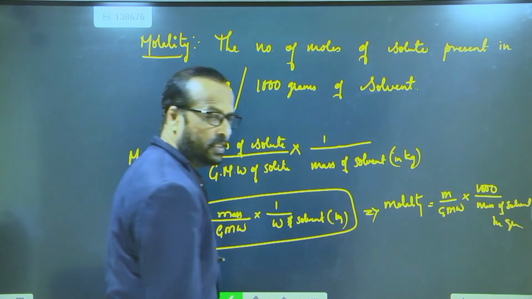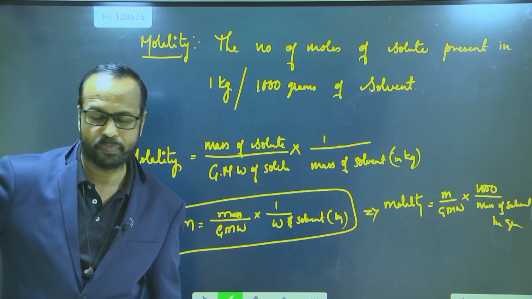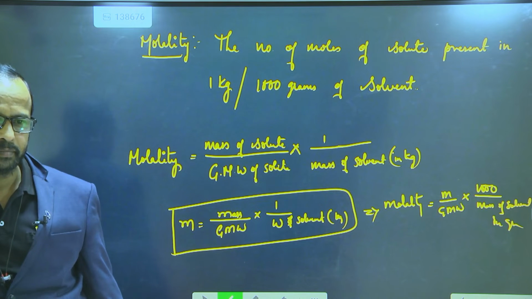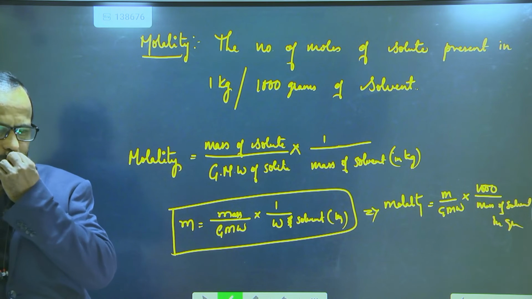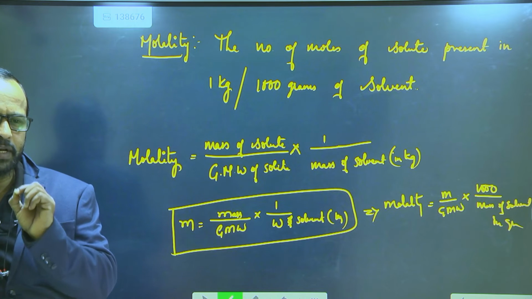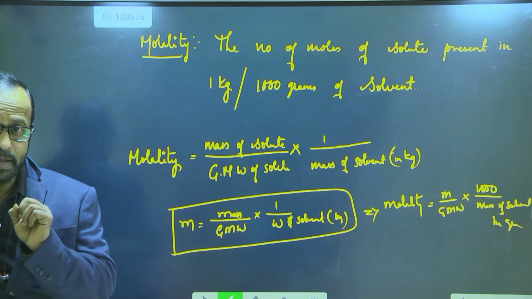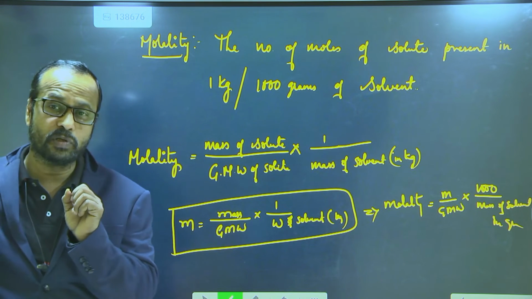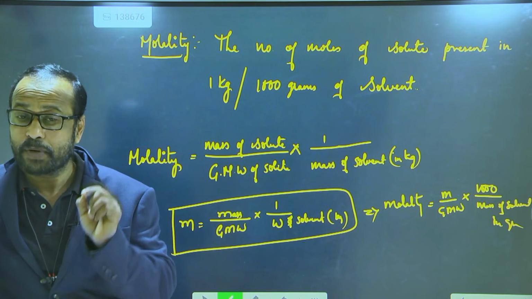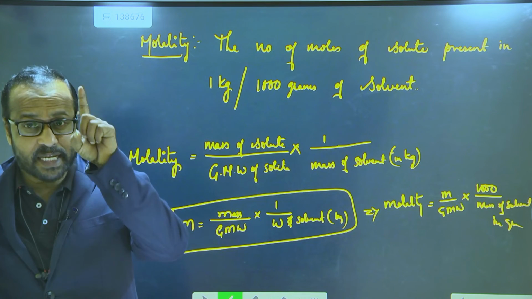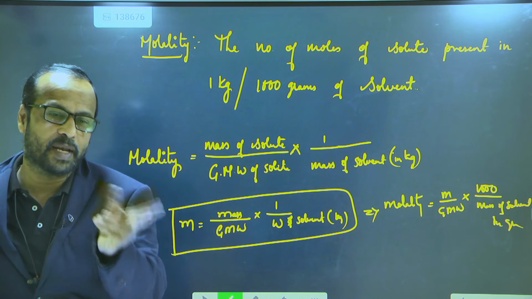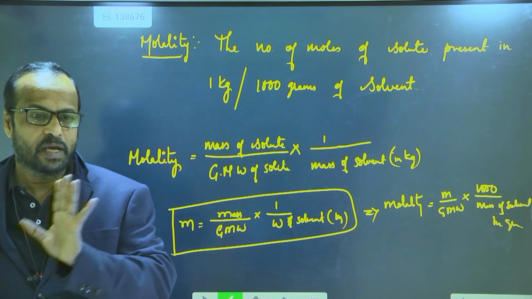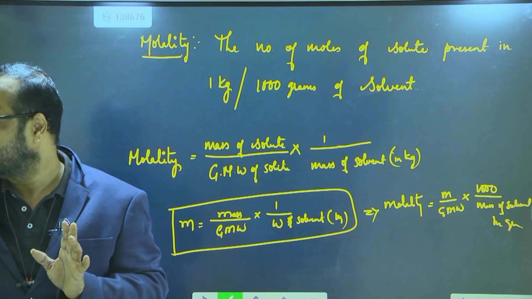This is the formula you can write now. You see the very simple difference, don't get confused. Molarity means number of moles of solute present in 1 liter of solution. Here it is 1 kg of solvent. That is the difference. Remaining everything remains the same.